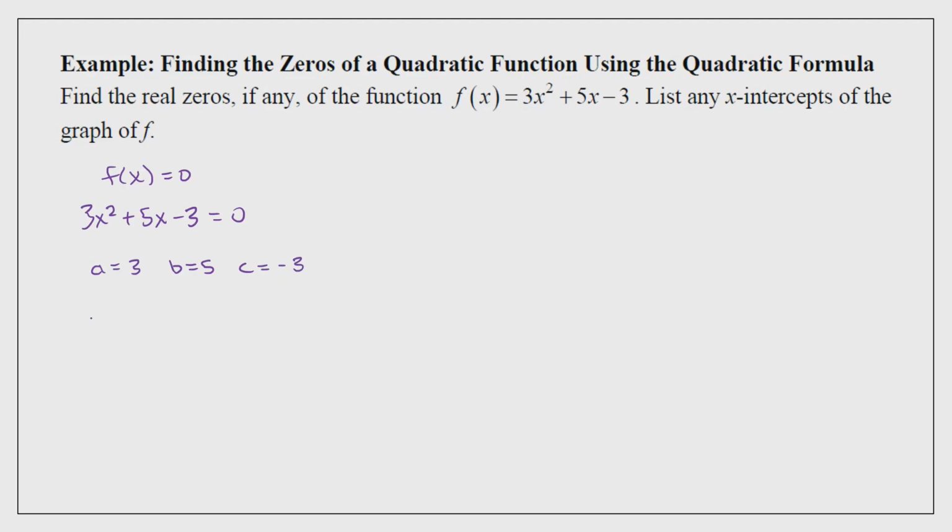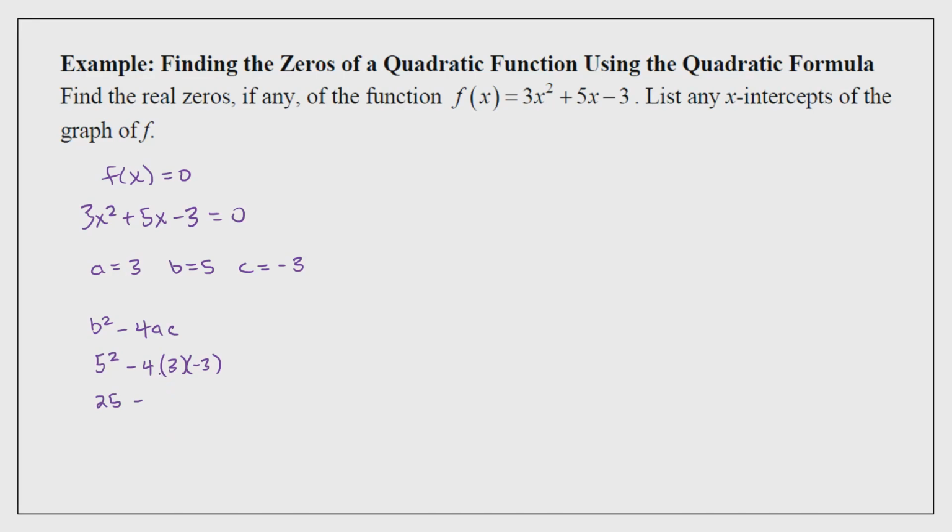So the discriminant, b squared minus 4ac, I'll write that underneath, not across, so that you can see it clearly. It's going to be 5 squared minus 4 times 3 times negative 3. 5 squared is 25.